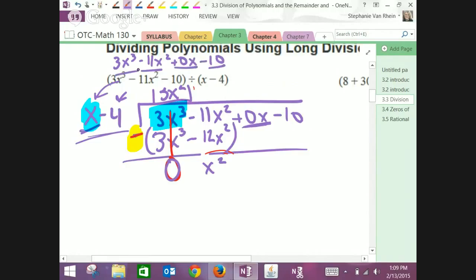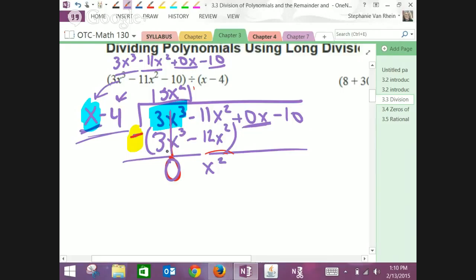These are my placeholders. Since I have an x here, when I multiply that by a number, I'm going to get something with x. You just put it there to keep everything in line. That's going to be very important when we get to synthetic division, because it's like your tens column, your ones column, your hundreds column. If you mix those up, it's not going to make sense.